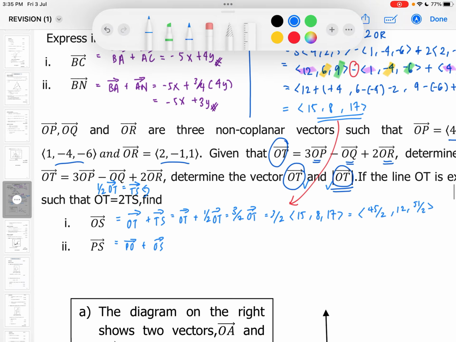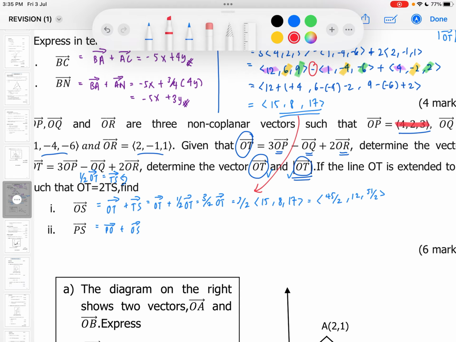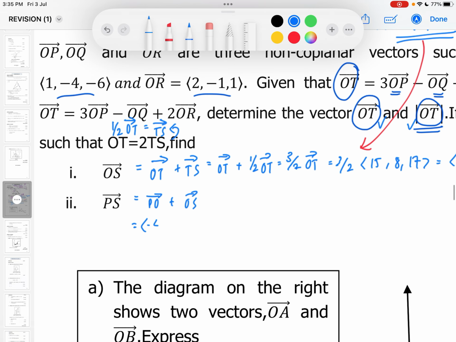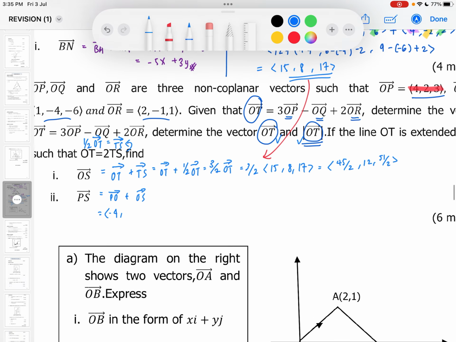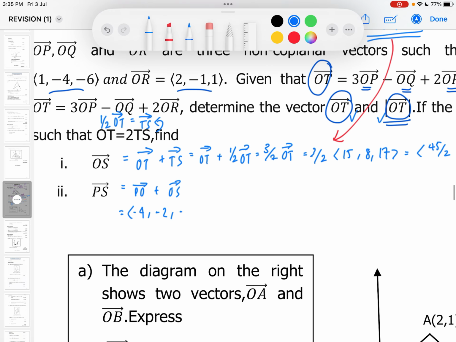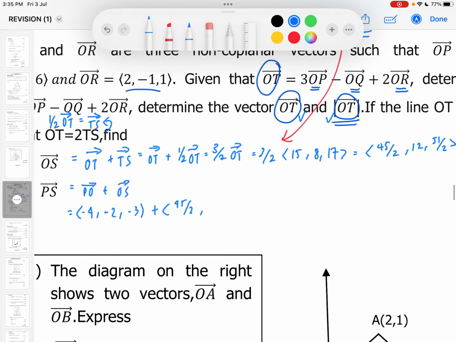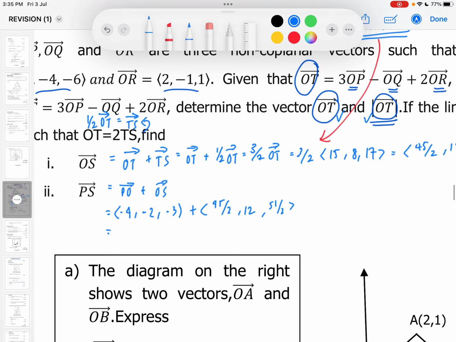Okay, so PO would be the value here. But since it's OP, and once you change to PO, we have to negate it, which is going to be -4, -4, -2, -3. And then OS would be the answer earlier, 45/2, 12, 51/2.